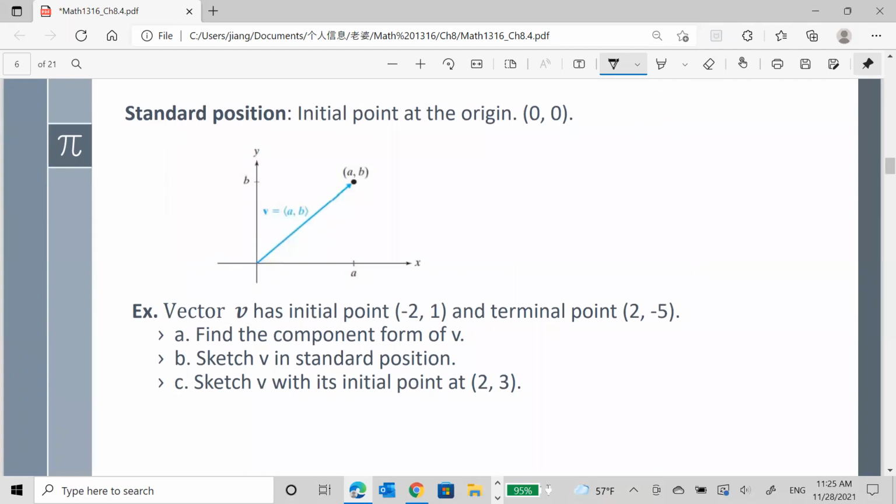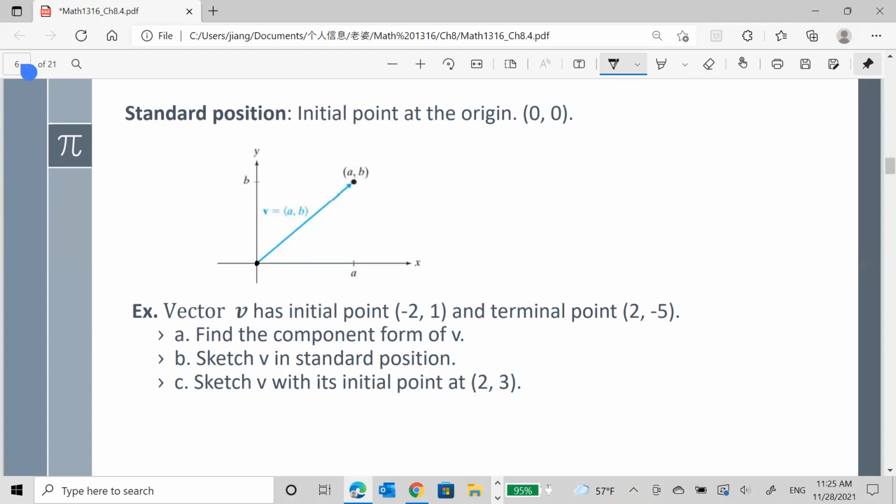Next one, standard position, initial point at the origin 0, 0. If I say V is at the standard position, that means the starting point is 0, 0.